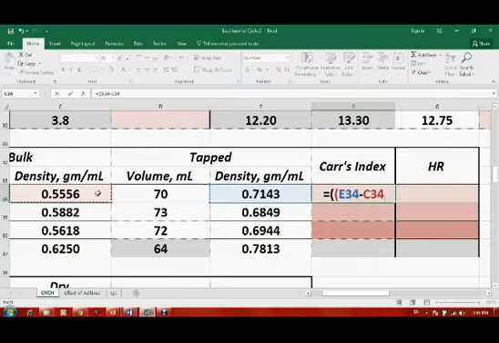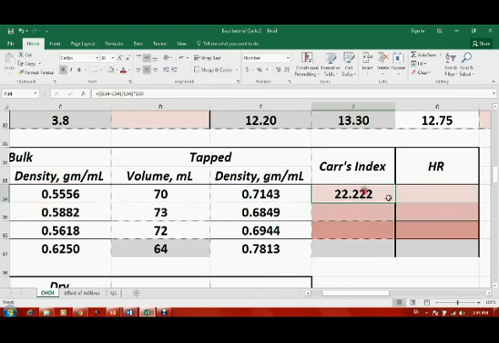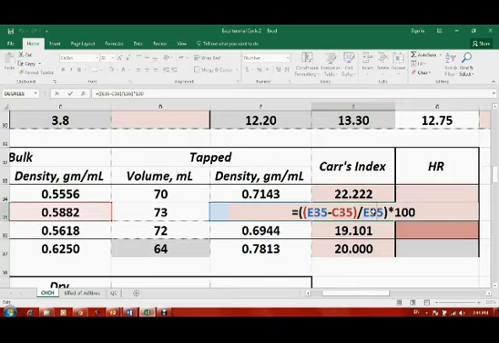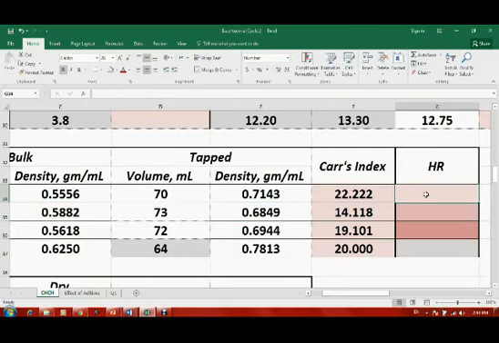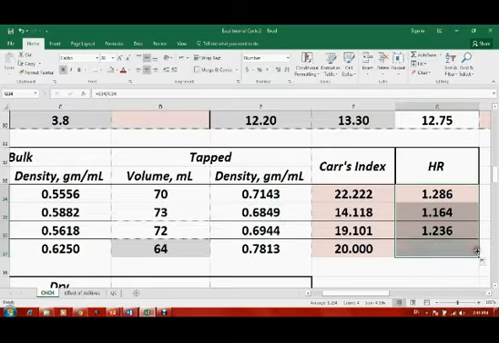Now, Carr's index equation should be applied. As you can see in your manual, Carr's index or compressibility index is equal to tap density minus bulk density divided by tap density times 100%, as we are calculating the index as percent, while Hausner's ratio is equal to tap density divided by bulk density.